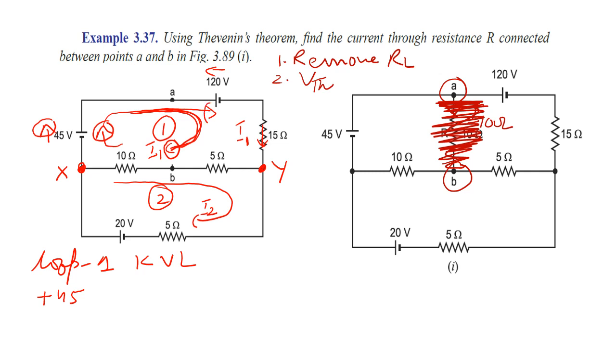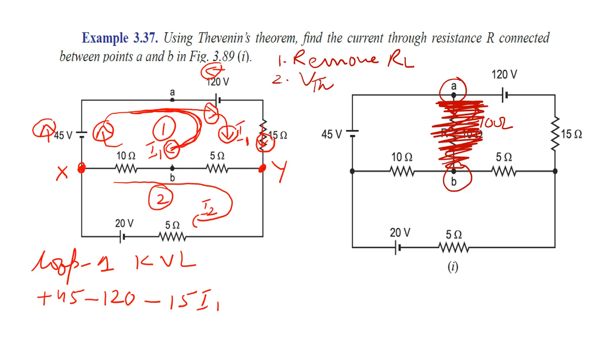The direction of the loop and the direction of this voltage source are opposite, so we take the minus sign, and it is minus 120. Now the loop is coming here, and the direction of the loop and the direction of the current are the same, so it is a minus sign, so this is minus 15 I1.